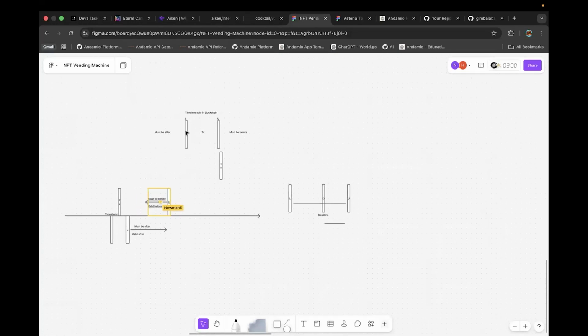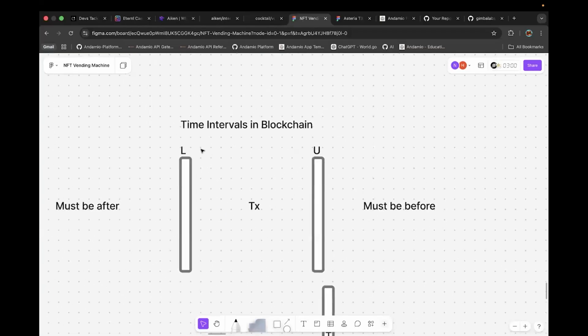So the time space between this invalid before and invalid after becomes our validity range. And I think our set deadline also has to fall between that same validity range.